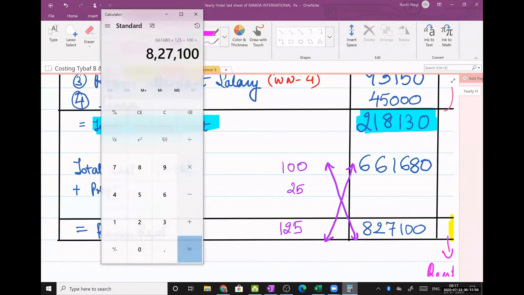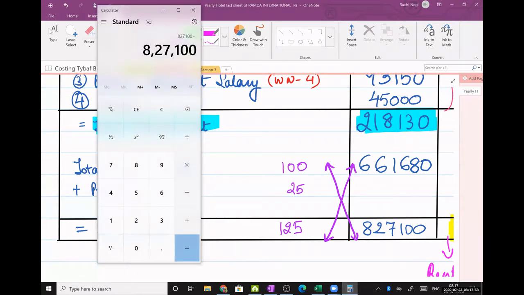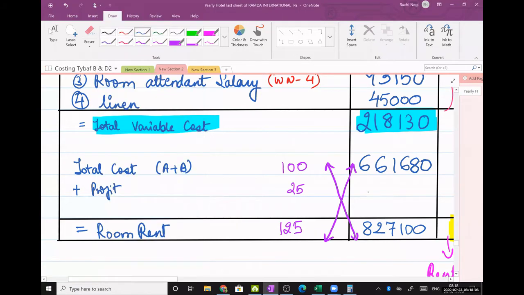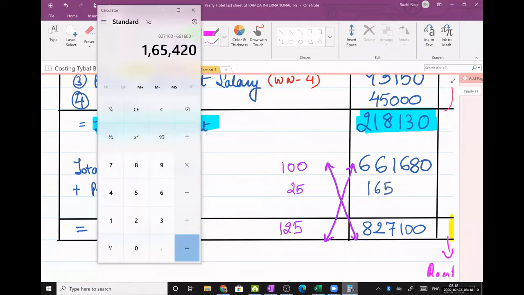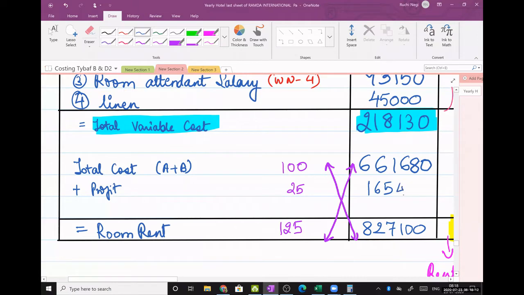Next, selling price minus cost price is profit. So 1,65,420 is my profit. Is it clear to you?